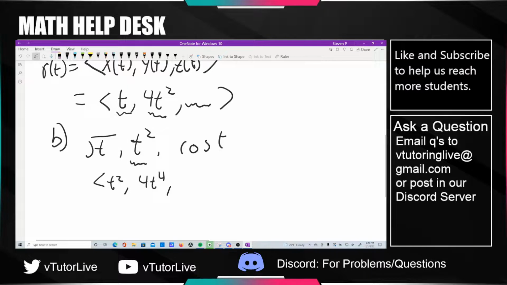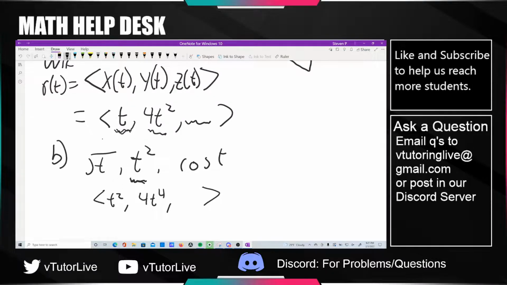The question is asking, does the resulting parametrization give you the entire intersection or only a portion? And this is where you start having to use your brain a little bit. Whereas this one could let you go from t from negative infinity to positive infinity, t squared is only going to be positive. It's only going to let you go from 0 to positive infinity.